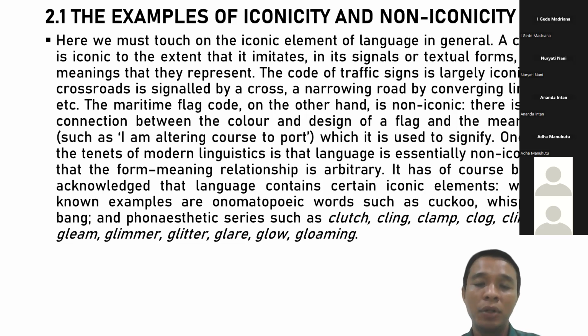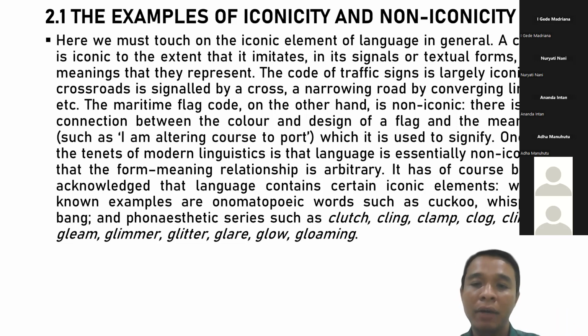Okay, so here we can take the conclusion that iconicity makes a connection between the thing, the color and design of the thing itself, and the meaning.